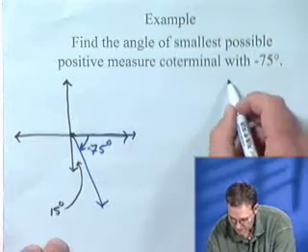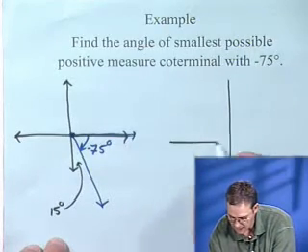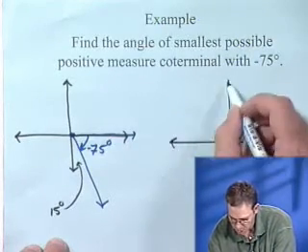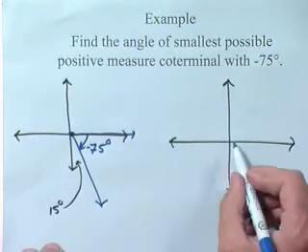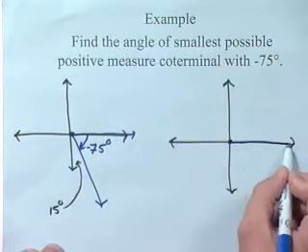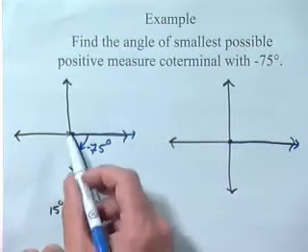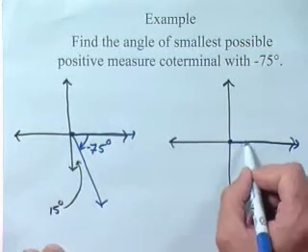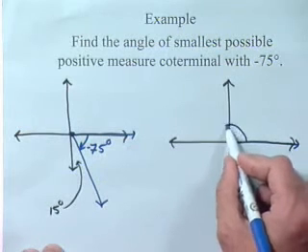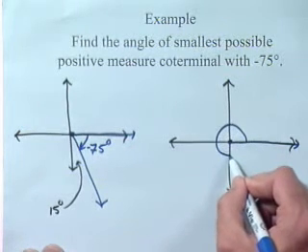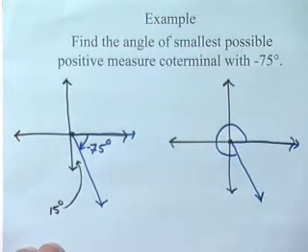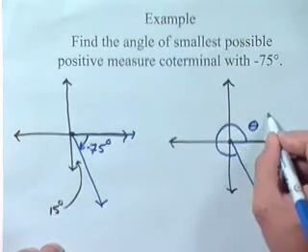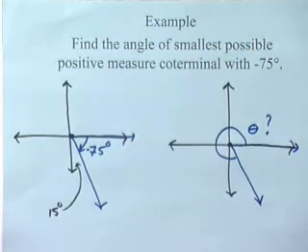I'm asked to find the smallest possible positive angle that's coterminal with that, which means it has the exact same initial side, okay, and the exact same terminal side. However, I must go in a counterclockwise rotation. And let's figure out what that angle is. So I don't know what theta is.